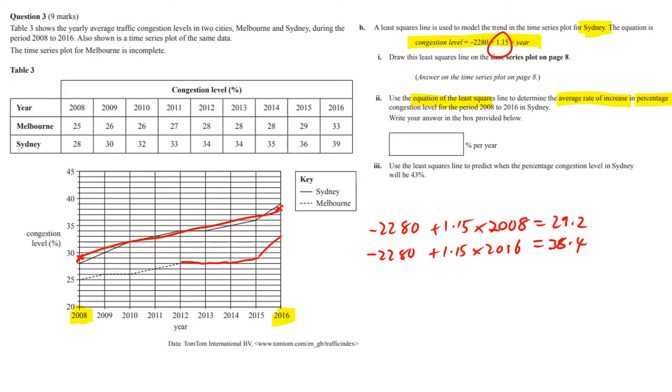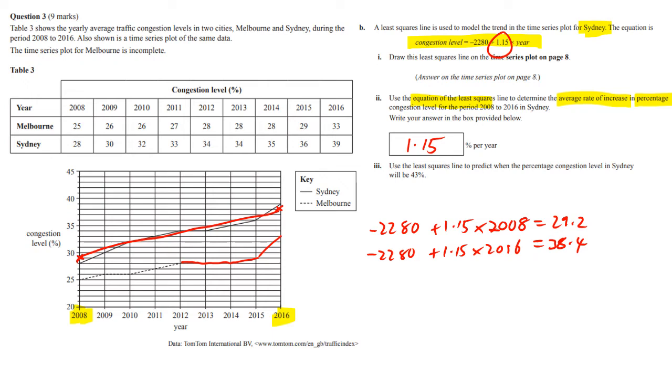And well, the gradient is 1.15, which means it's going by 1.15%. A common mistake was to think about this as being a sort of a financial question and saying that it was 15%. The gradient here is just 1.15. Think about it, it's not going up by 15%. Look at your graph. It didn't go from 29 to 44, did it? That would be an increase of 15%.